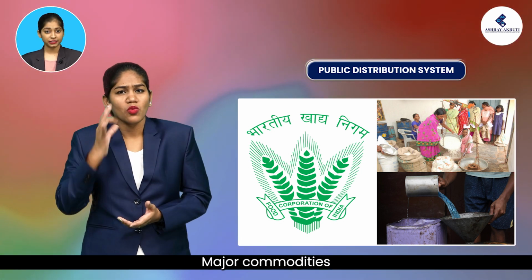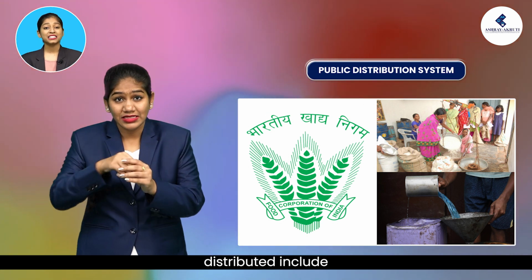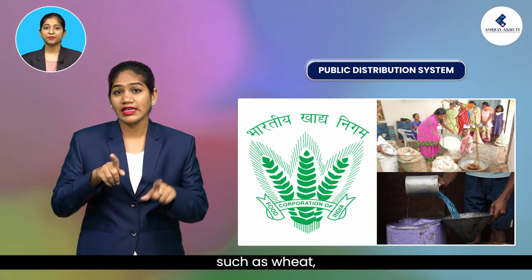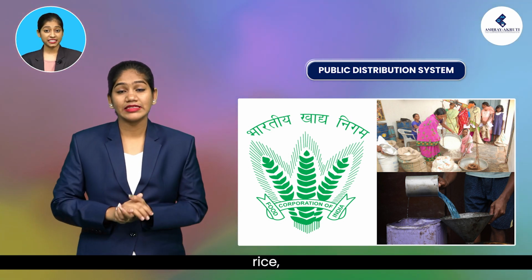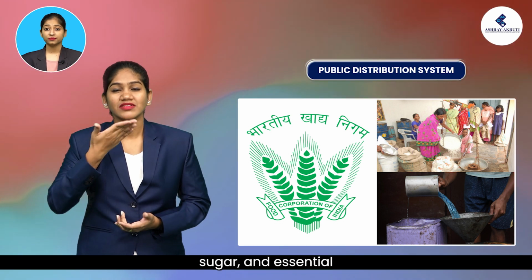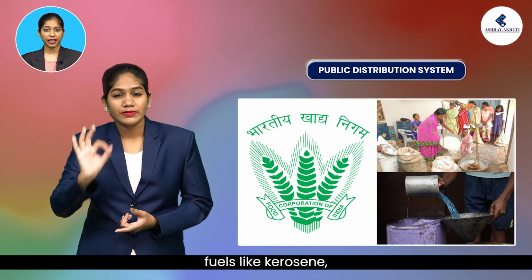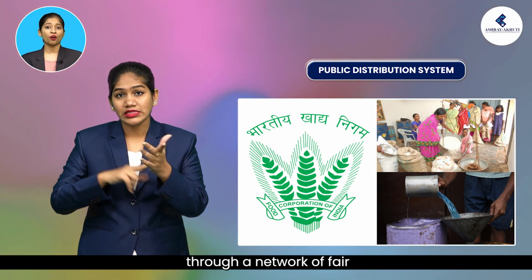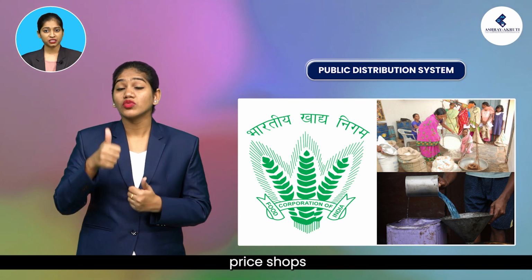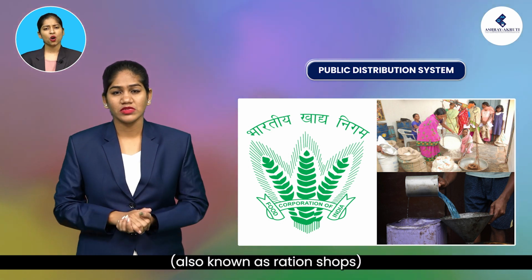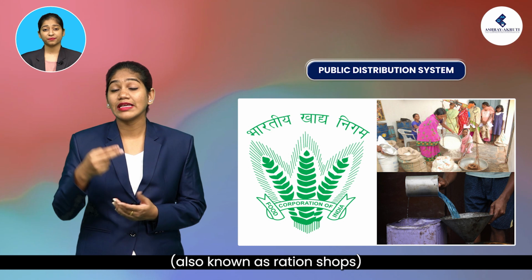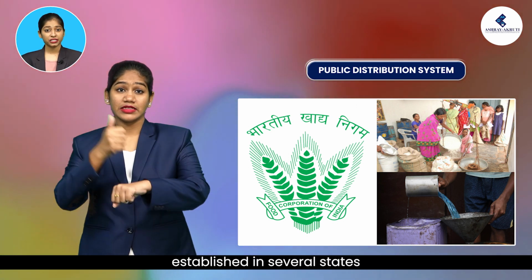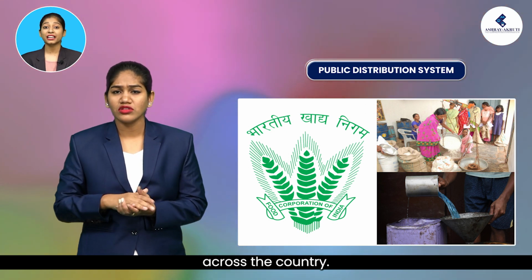Major commodities distributed include staple food grains such as wheat, rice, sugar, and essential fuels like kerosene through a network of fair price shops, also known as ration shops, established in several states across the country.